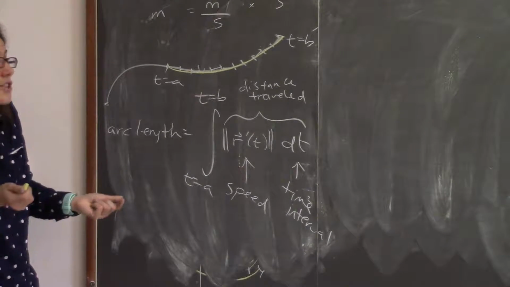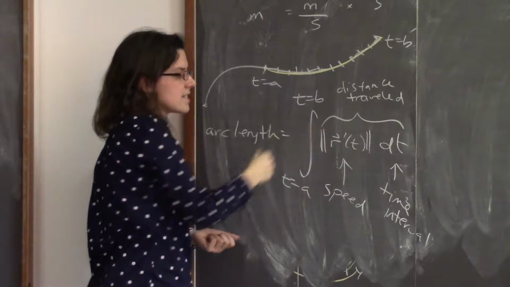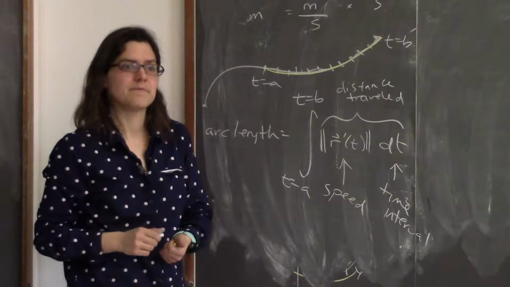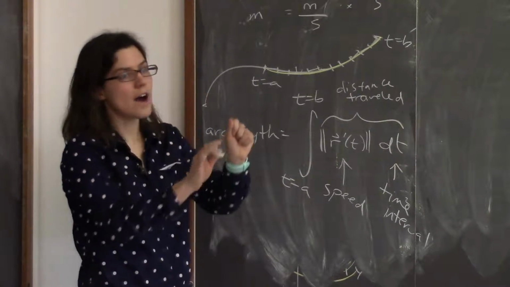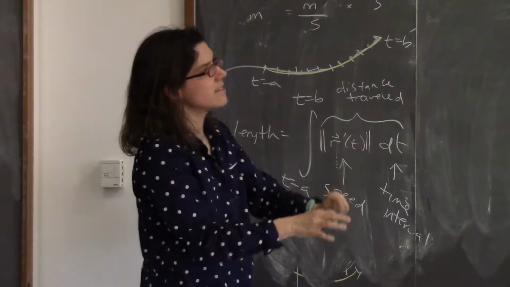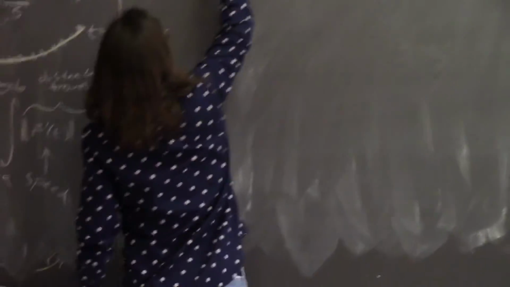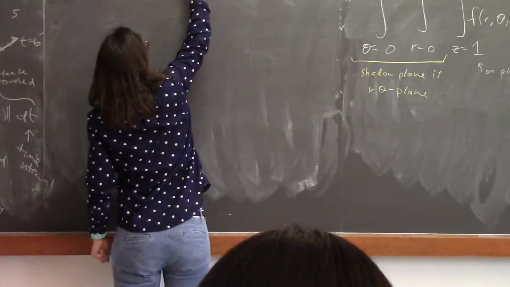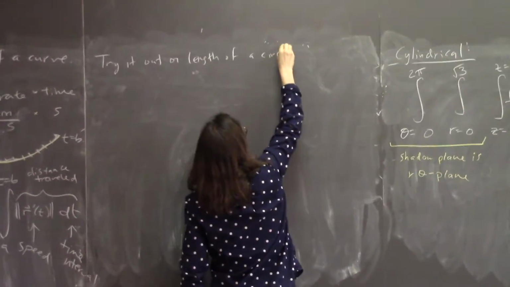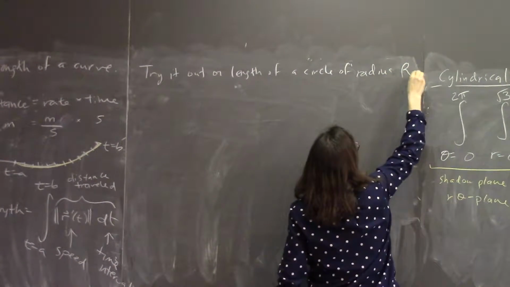Okay, so that's how you find the length of a curve. You just find the magnitude of the velocity and integrate it dt. This is what I claim, but you should be skeptical. You should think, I want to make sure it works. Let's try it out on something we know. So let's try it out on the length of a circle of radius r.